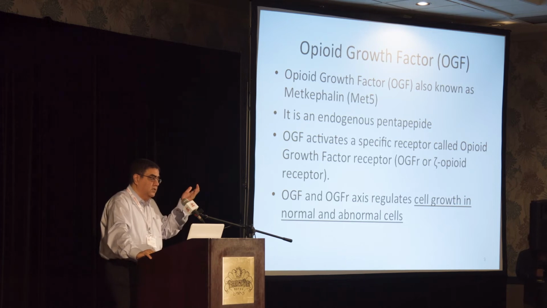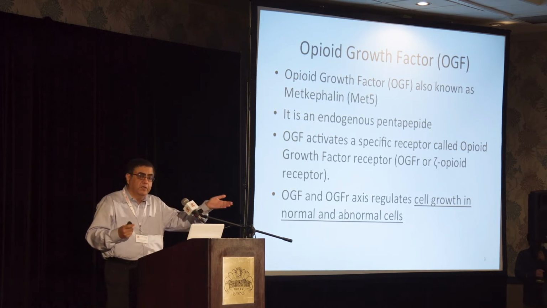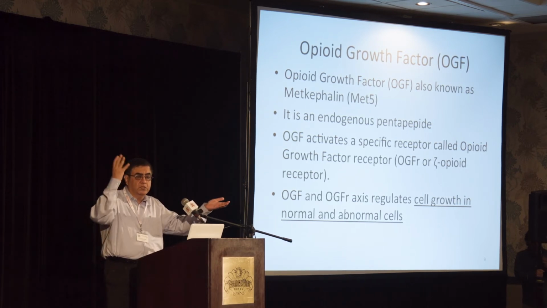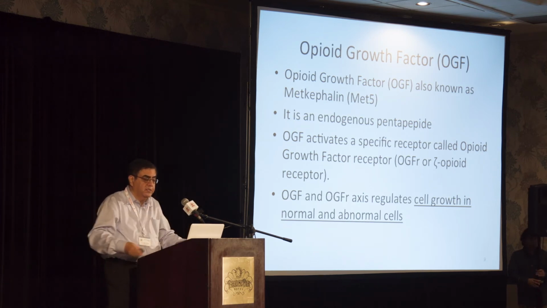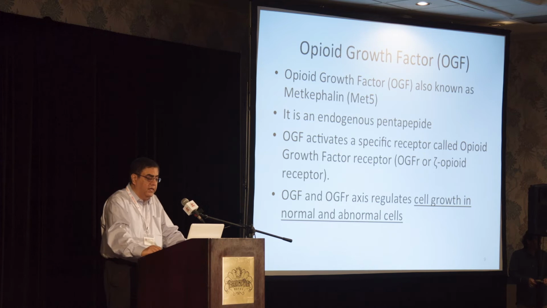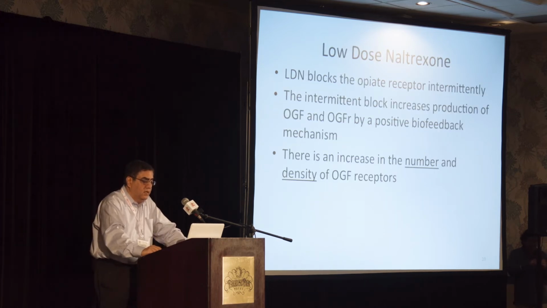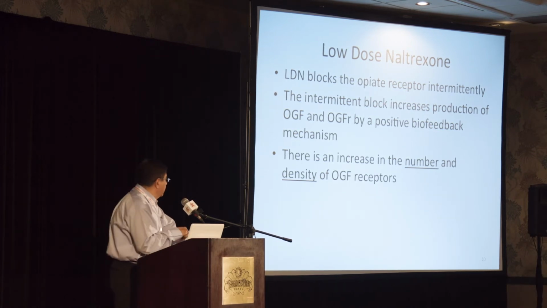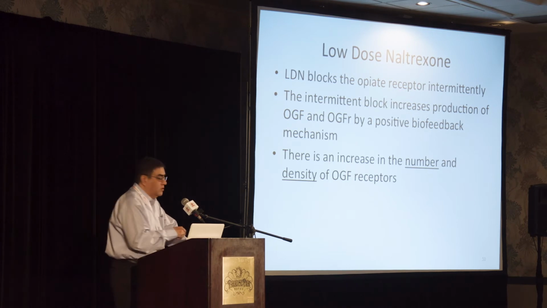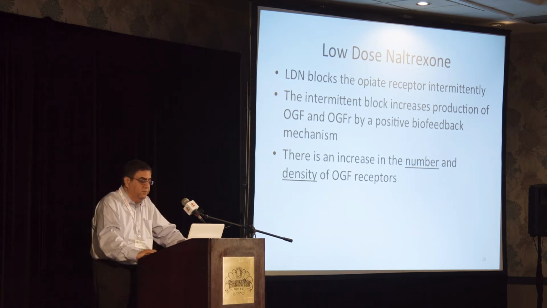So the concept is that the body produces opioid growth factors, which work on the opioid growth factor receptors, and the two together help in cell growth in normal and abnormal cells. The beauty of this is that low-dose naltrexone, which blocks opioid receptors, increases the production of opioid growth factors and opioid growth factor receptors.